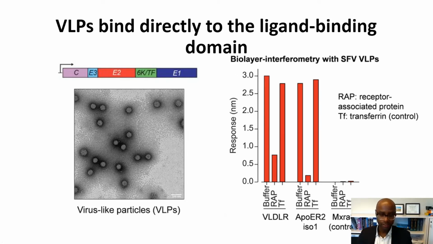ectodomain. And so when these sensor tips bind to first this ligand, and then they're dipped into a separate solution that contains an analyte, in this case virus-like particles, you would see binding. But the way this assay was done, which is really a competition assay, we first pre-dip the tips into buffer and then VLPs.